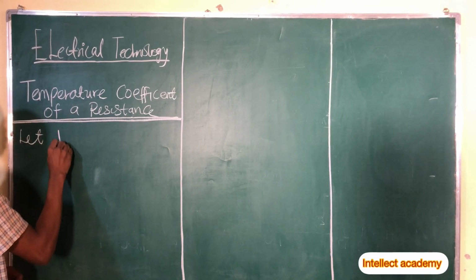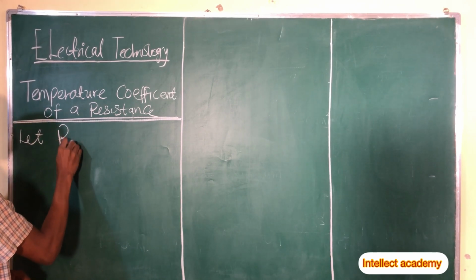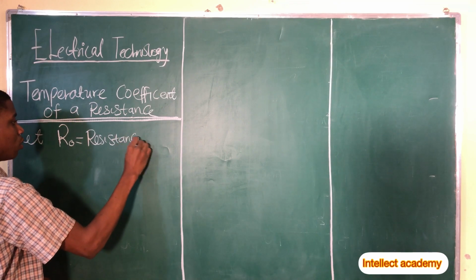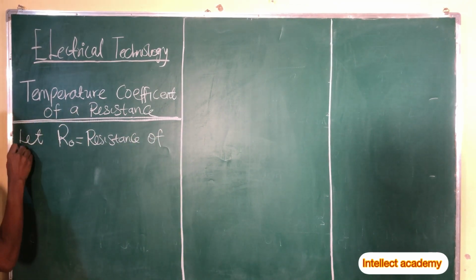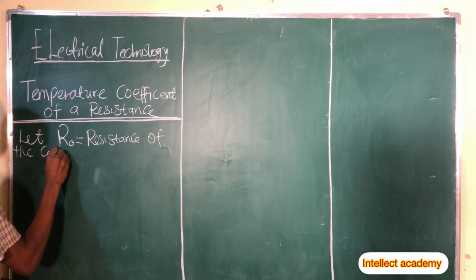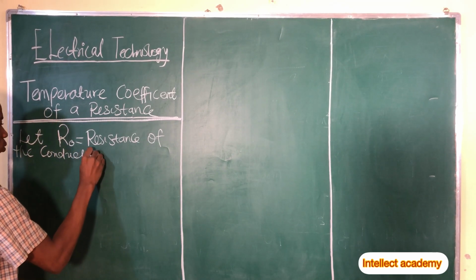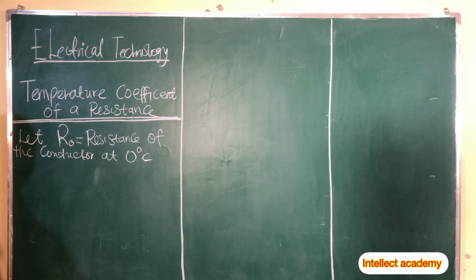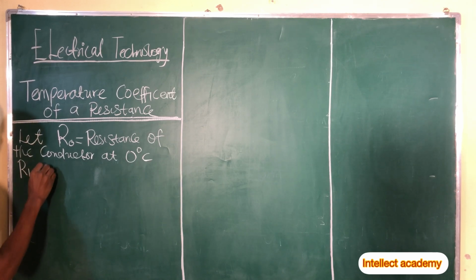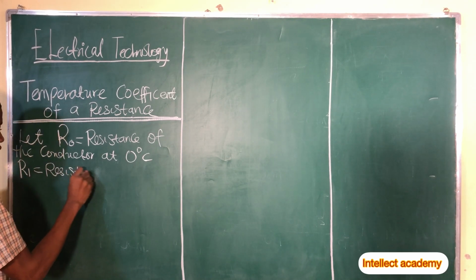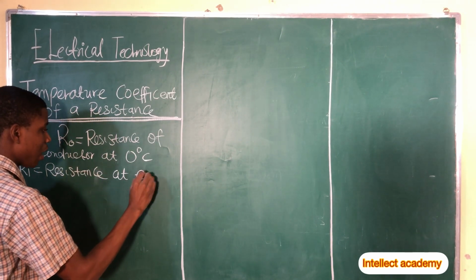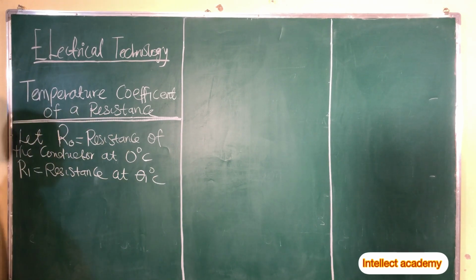Now, take note. Let R0 be the resistance of the conductor at 0 degrees Celsius. Now, let also R1 be the resistance of that conductor at theta 1 degrees Celsius.